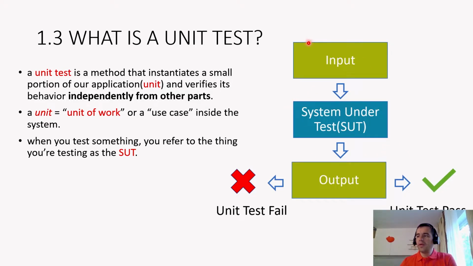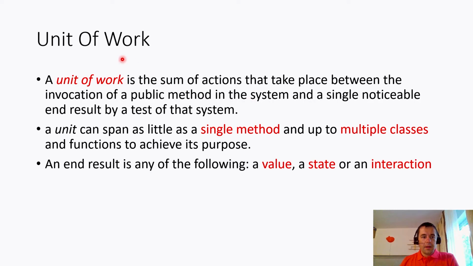So you provide an input to the system under test and observe its output. If the output meets the criteria you're expecting, then the unit test will pass. And if not, the unit test will fail. This will give you an indication of whether the system under test performs as you expected.